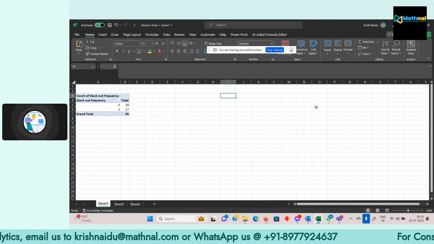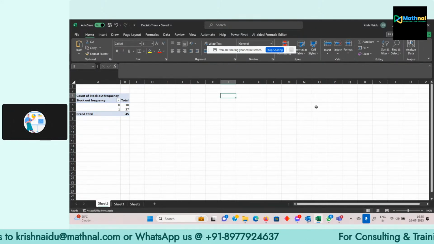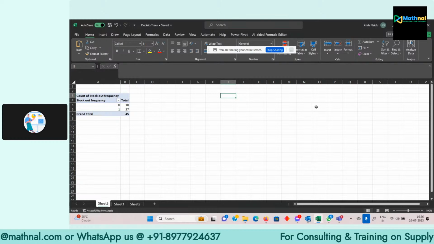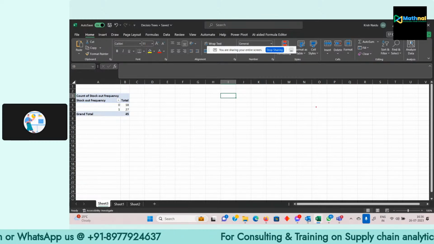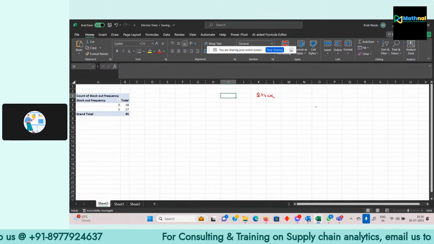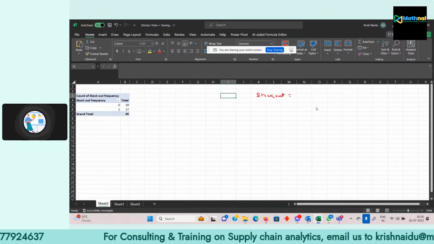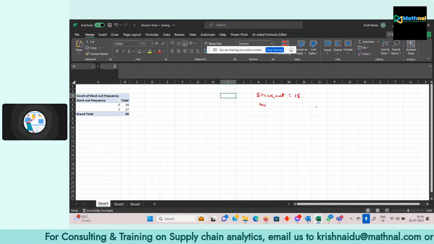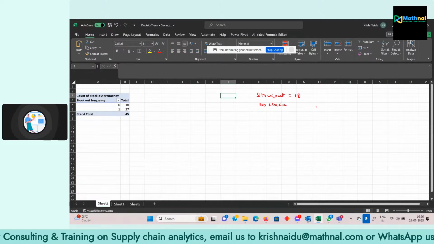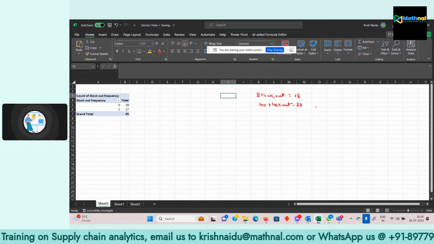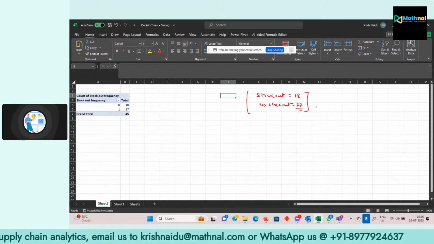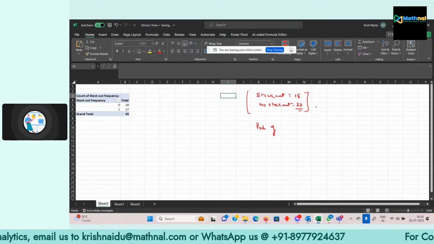So if I mention over here, stockout is equal to 18 and no stockout is equal to 27, total 45. So what is the probability of stockout then?